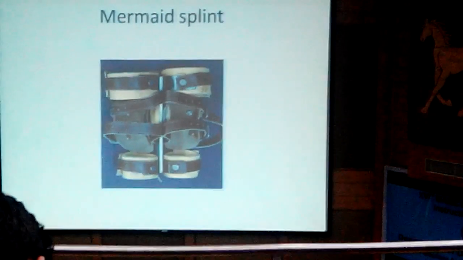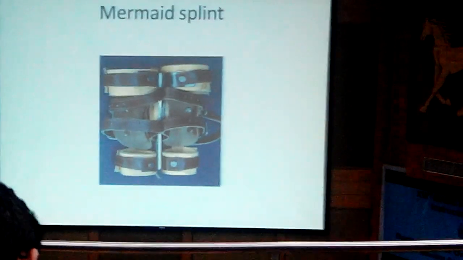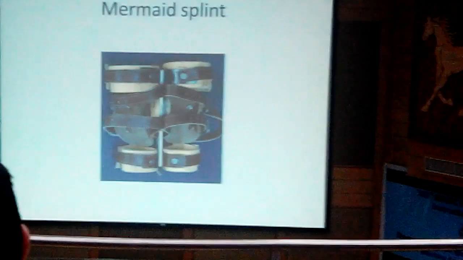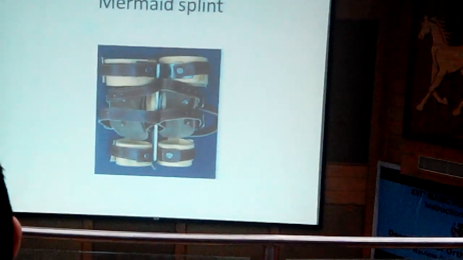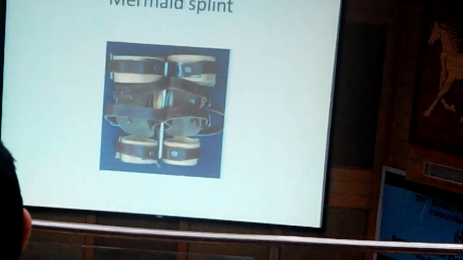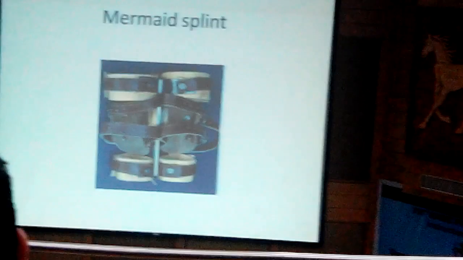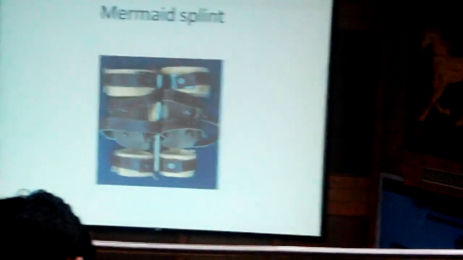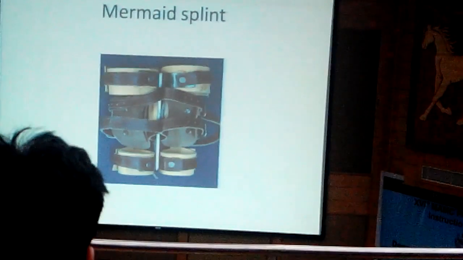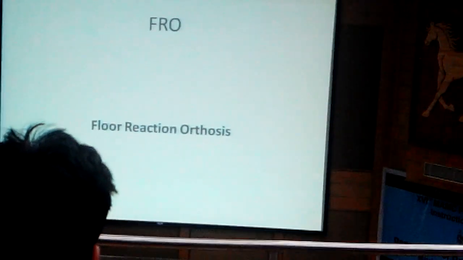Genu valgum like that, you fix in this medial portion, tie a strap here, tie a strap here. This is one point of contact, this is the second point of contact, the third point of contact. So you have a 3-point principle, you tighten the end belts and you have correction of the deformity. So Mermaid splint used to be given routinely in earlier times when rickets was rampant.